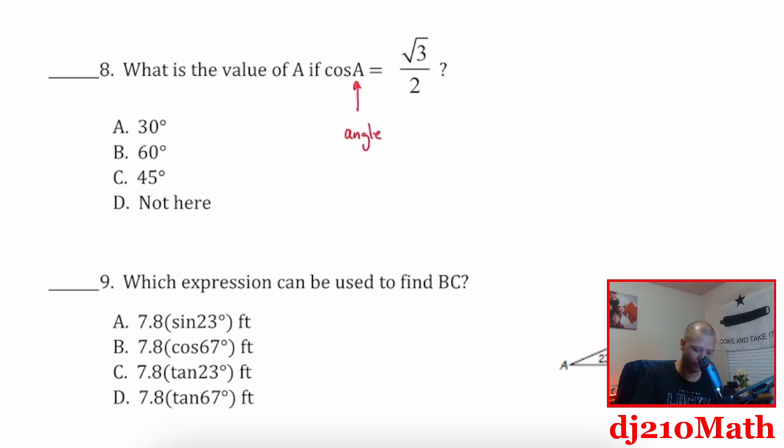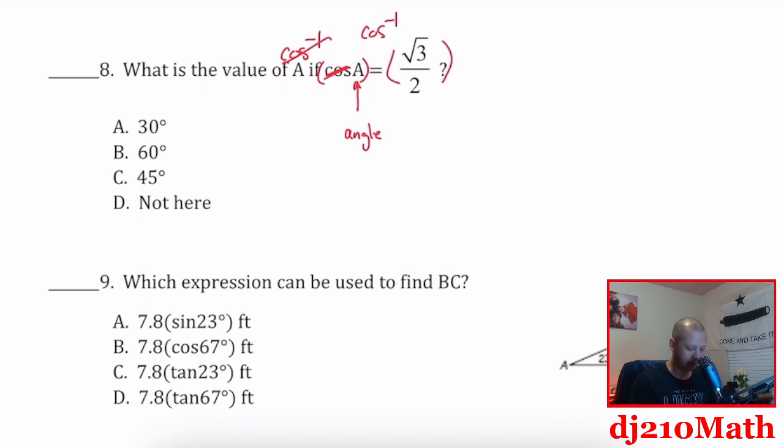Now, what's happening is really this. To get rid of the cosine, right, I need that to go away. So what we do is we take inverse cosine of both sides. And when you do that, the cosine cancels out and we're left with A, right, all alone.